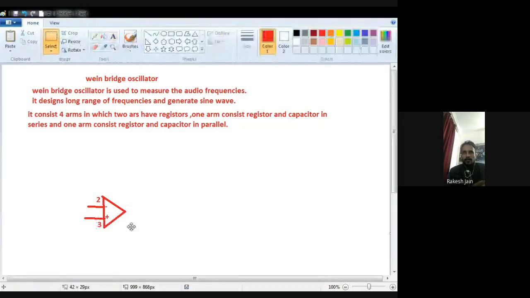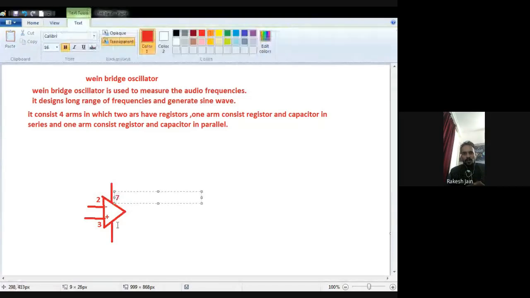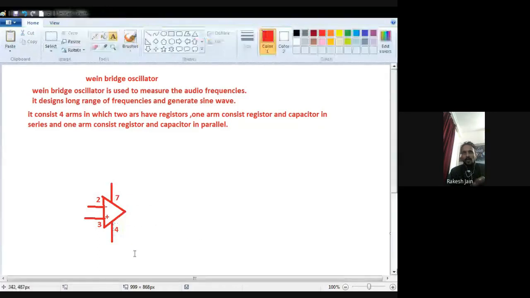We know that pin number 7 of this operational amplifier is connected with the supply, that is the plus voltage pin, and pin number 4 is the negative supply pin. So pin 7 is plus V and pin 4 is minus V. We take the output from the operational amplifier at pin number 6; because it is an oscillator, it will generate a sinusoidal waveform.